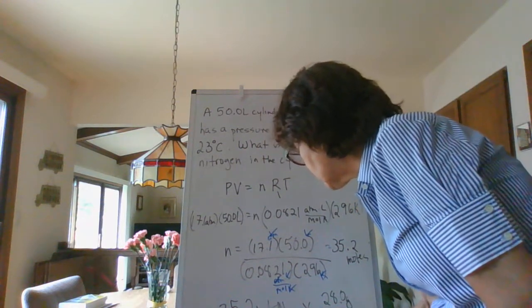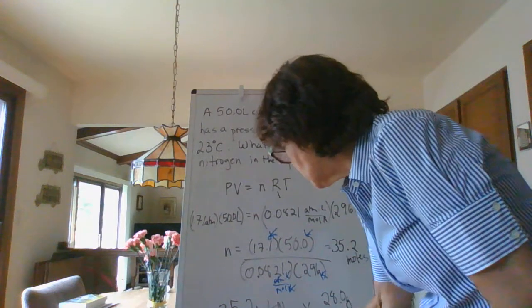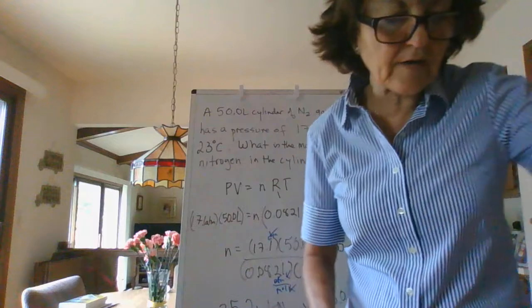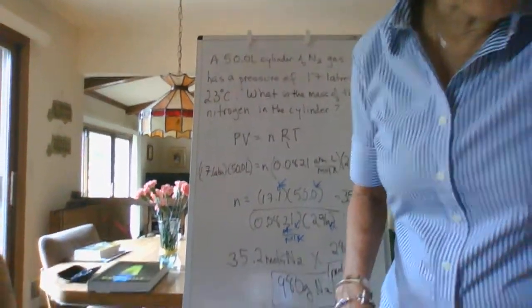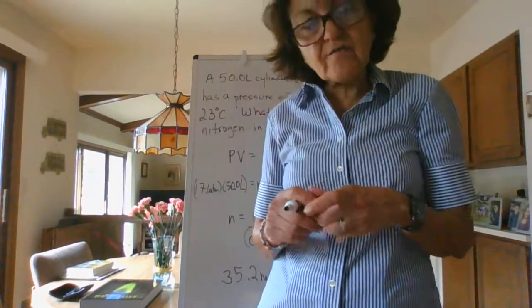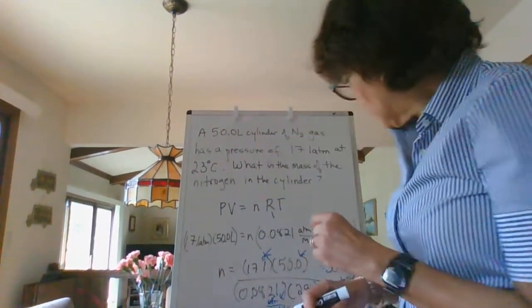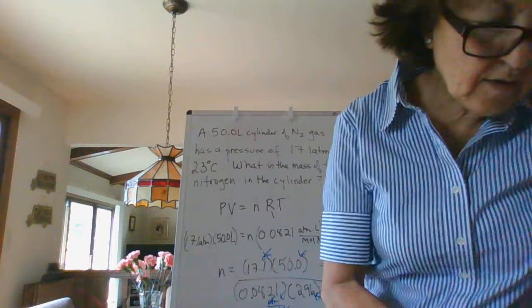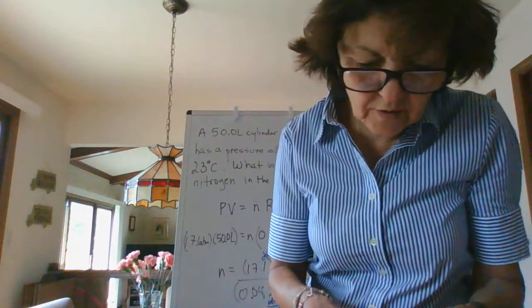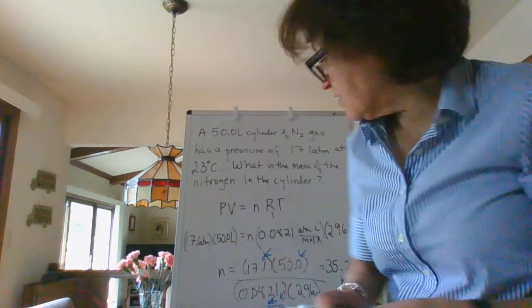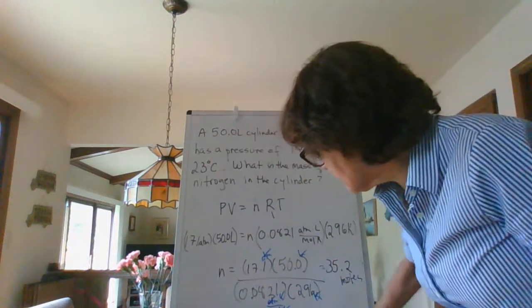980 grams of N2. If you kept all your sig figs and didn't round too early, you probably would get 985 grams of nitrogen. I think that is the more correct answer. You know what? 35.2 times 28. Yeah, it's because I used 35 instead of 35.2.